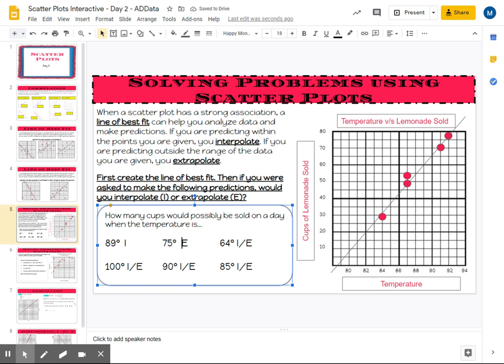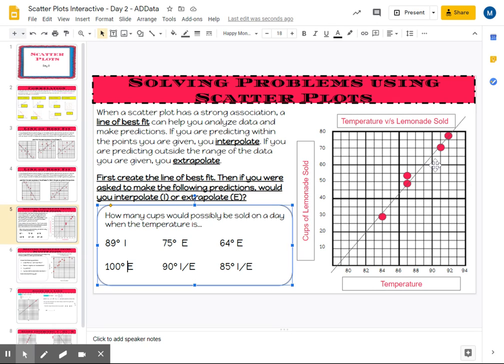All right, 64 degrees. 64 degrees is definitely off our chart. It's completely off our chart and it's not really within the range of the points we were given, right? Then we're going to extrapolate. 100 degrees is off the chart, so we are going to extrapolate. 90 degrees, though, is within our data range.